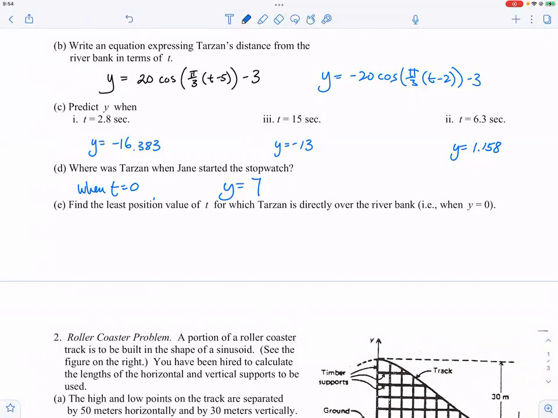And then it says find the least positive value of t. That means shortest time, that's also positive, where Tarzan is directly over the riverbank, where y is equal to 0.